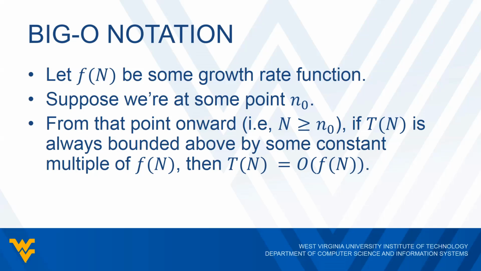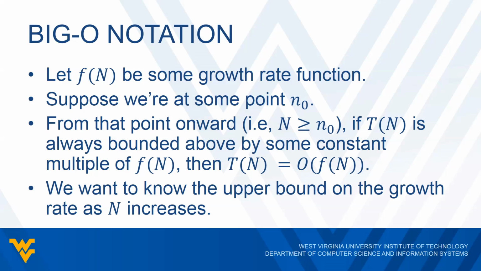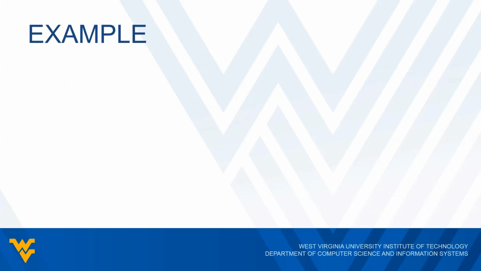Now that constant multiple could be 1, but it's some constant multiple, then we say that t of n is equal to O of f of n. So what we're saying here is we want to know the upper bound on our growth rate as we increase the value of n. So if the value of n increases, what's the upper bound of our growth rate? How bad or how large can it get?